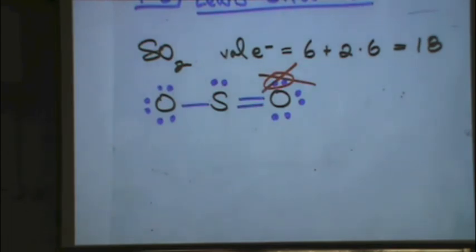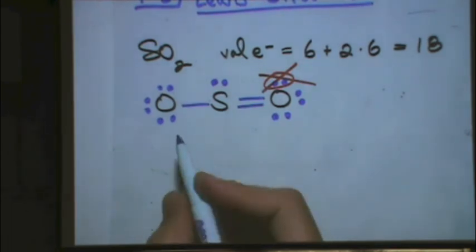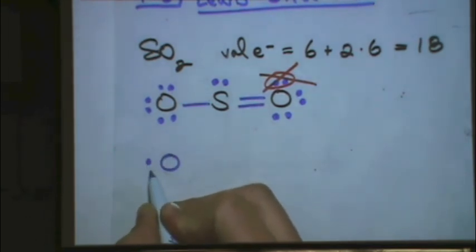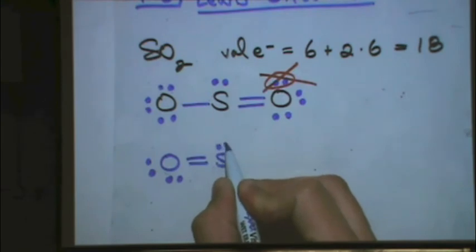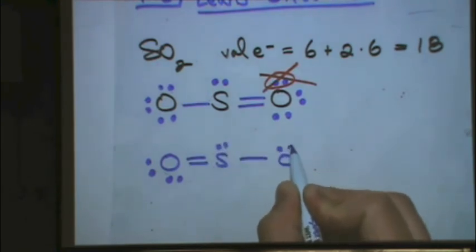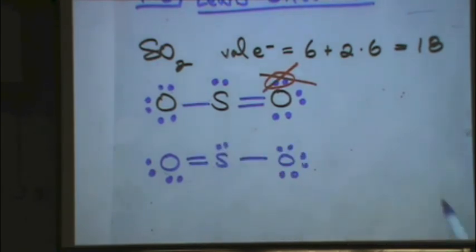I can draw what's called a resonance structure if you had picked the left side. There's another one. Okay? So that's called a resonance structure.